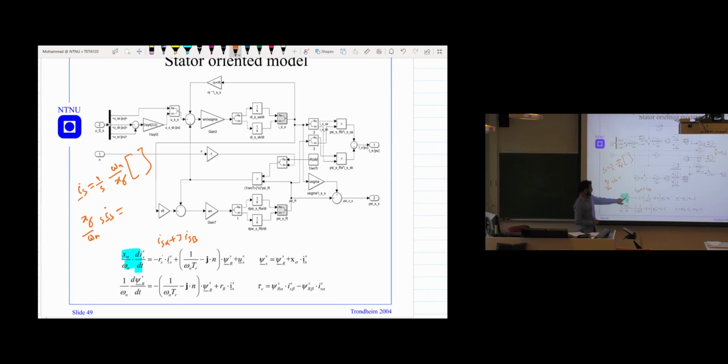So you apply the Laplace transformation, you are getting s i_s in the first part, and then if you take this part and move it to the other side, then you are getting i_s, which is 1 over s, multiplied with this, and the rest of the right side, this whole right part here.